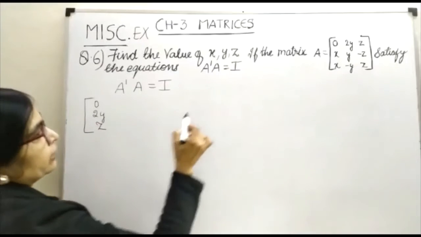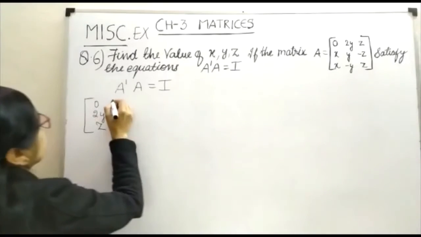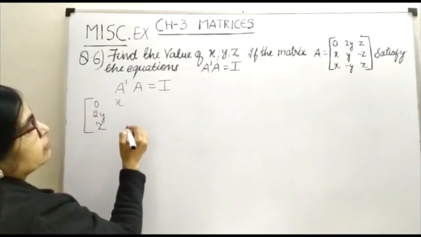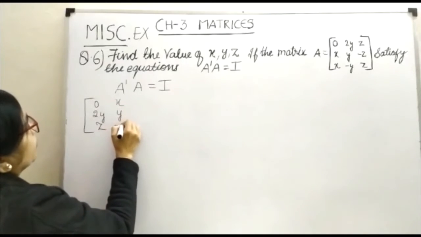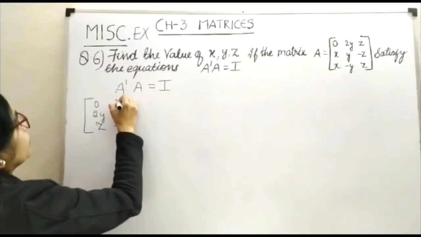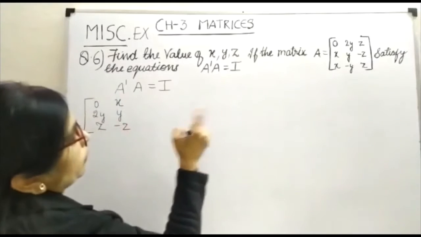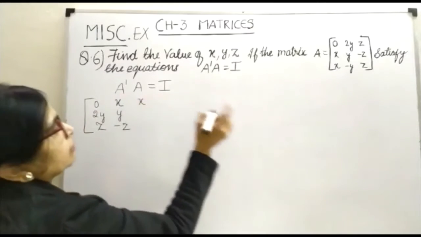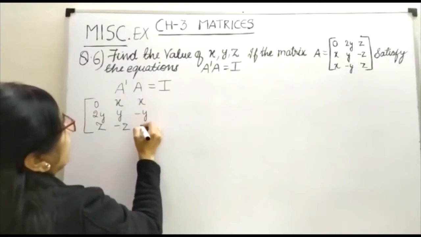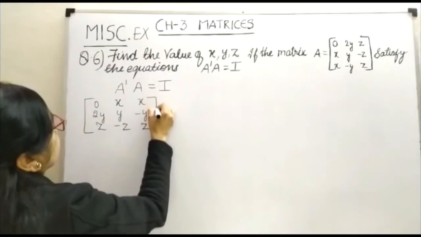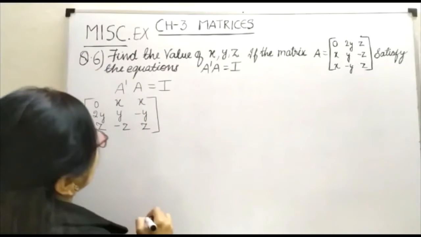Your second row x, y, minus z will become your second column x, y, minus z. The third row will become your third column, that is x, minus y and z. So this is your A transpose.